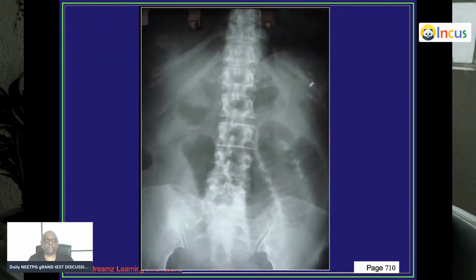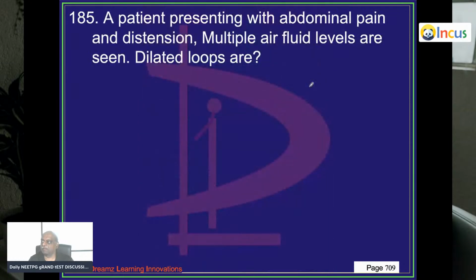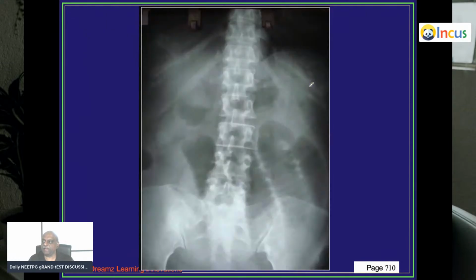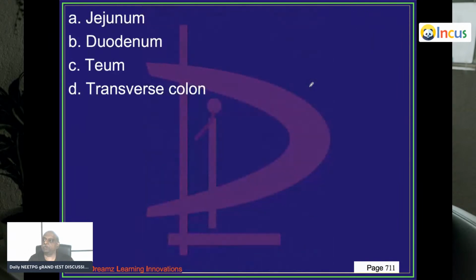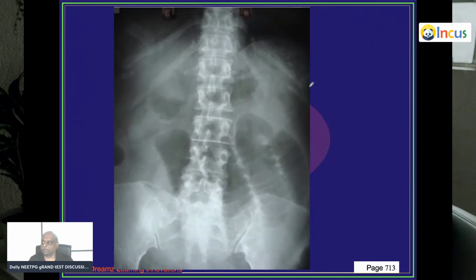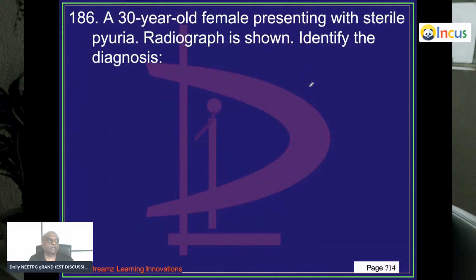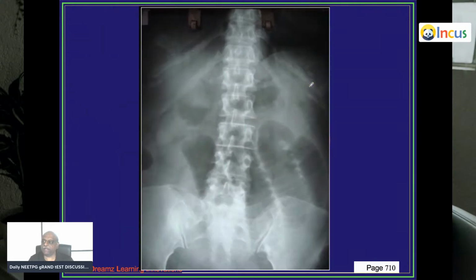Abdominal pain and distension. Multiple air fluid levels. Dilated loops are seen. These are jejunal loops. But here, once more, how do you differentiate jejunal from ileal?